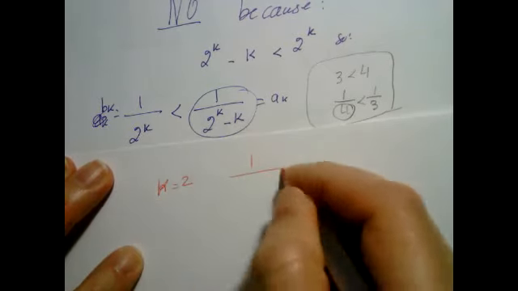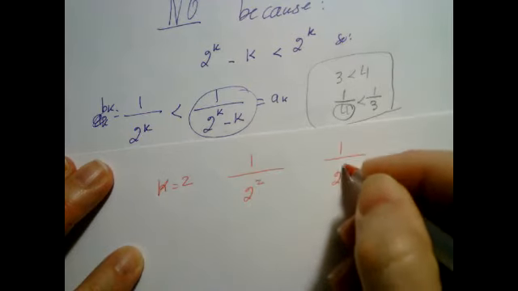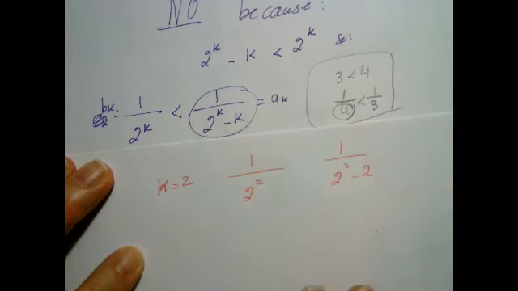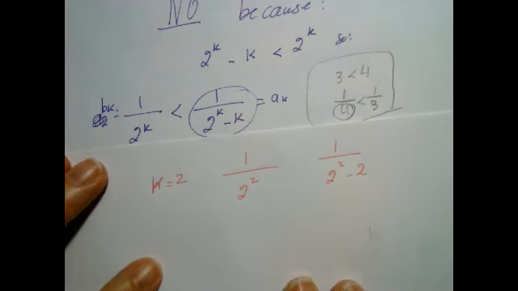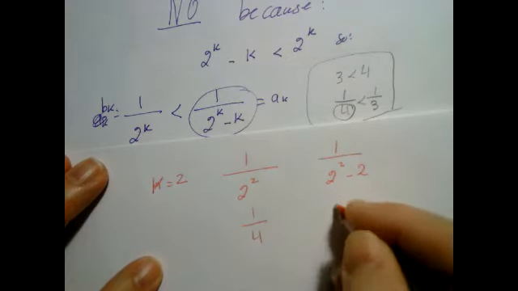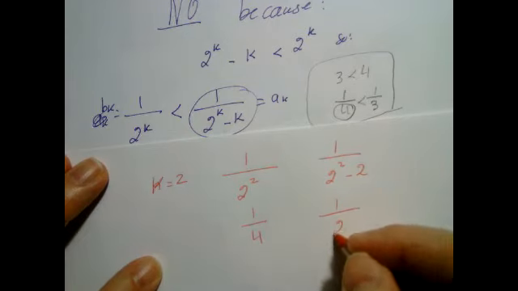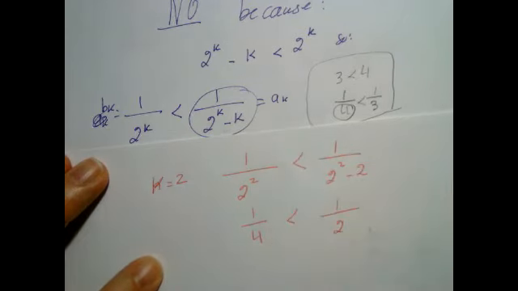I will have 1 over 2 squared, and here I will have 1 over 2 squared minus 2. Correct? So it means 1 over 4 here, and this is 1 over 4, but you're taking away something, which is 2. 1 over 4 is less than 1 over 2.